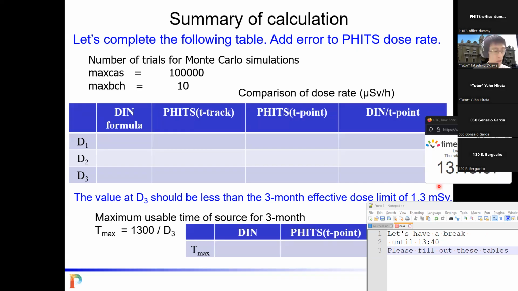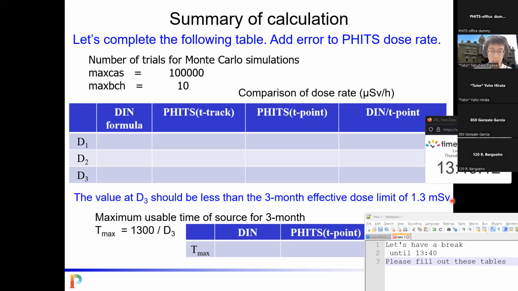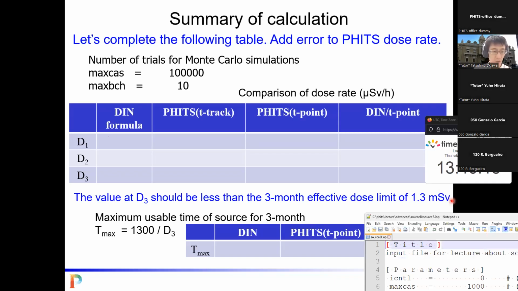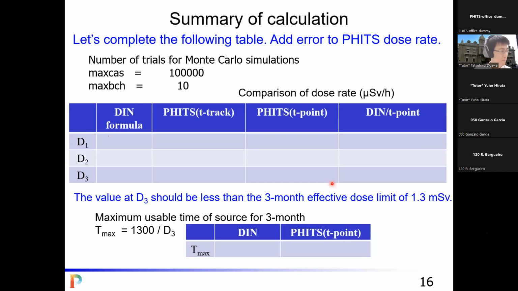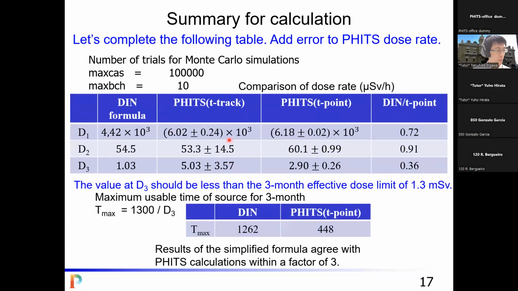Now it's time to resume. Hopefully, you have filled out the tables to summarize the result of calculations. And filling out the table, the result will be like that.